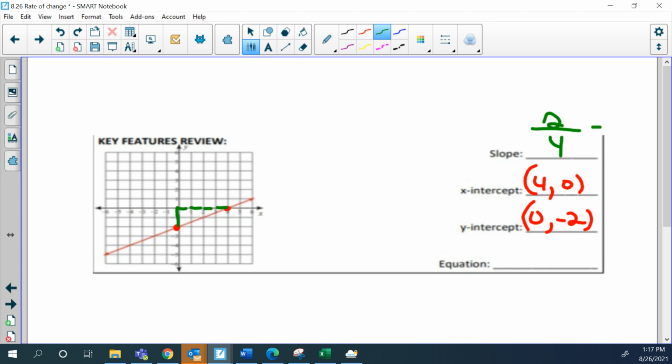And that can be reduced to 1/2. It is positive because I went up and to the right. If I had gone up and to the left, my slope would have been negative. Just remember that rule. And so my equation now is going to be y is equal to 1/2 x, and my y-intercept is -2, minus 2.